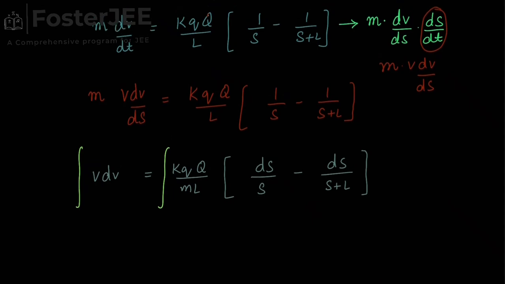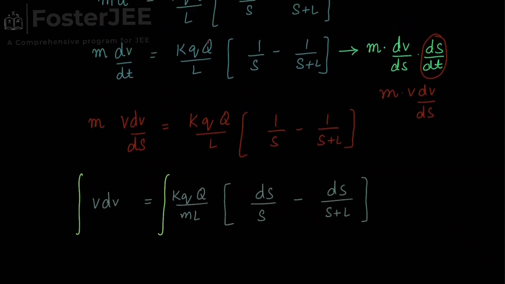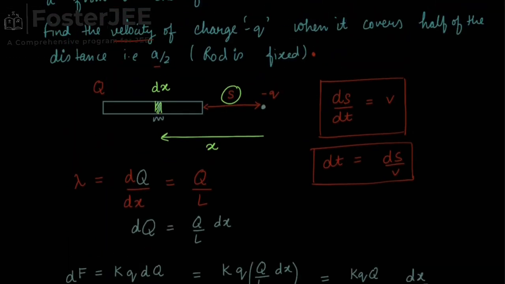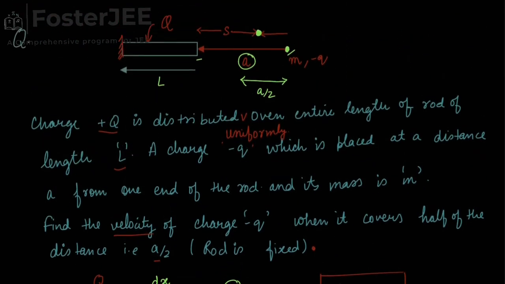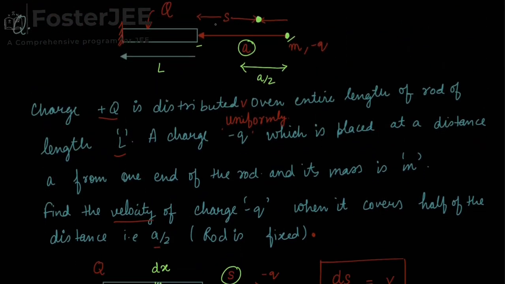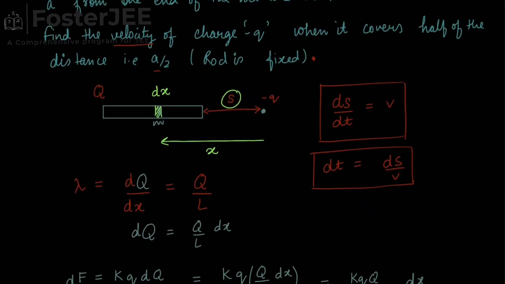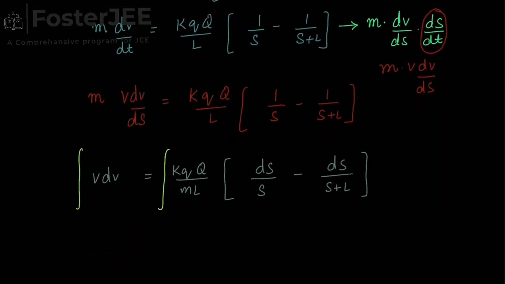Now it should be clear that s is the distance of this charge from one end of the rod at any time. So initially s was equal to a, because initially s was this much. So initially the charge was at rest.